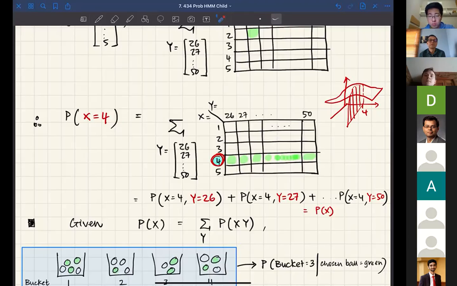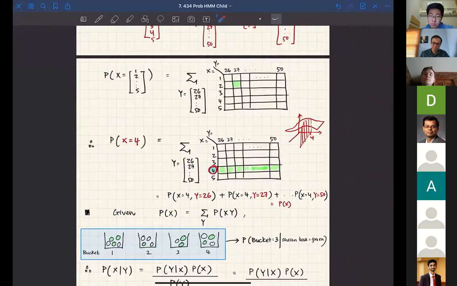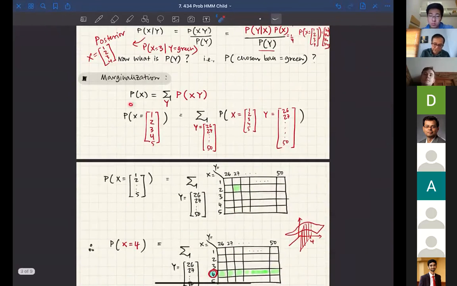Confusing? Clear? So probability of X equals 4, if you know the joint distribution, you just add up for X equals 4 across all the values of Y. Good. So if that is clear, this is called marginalization.